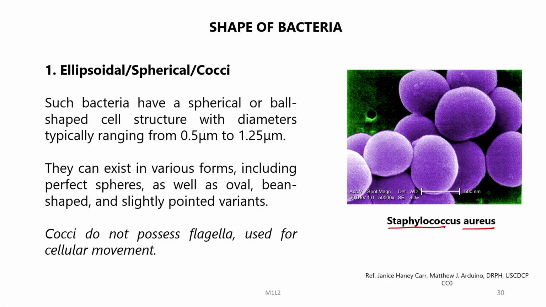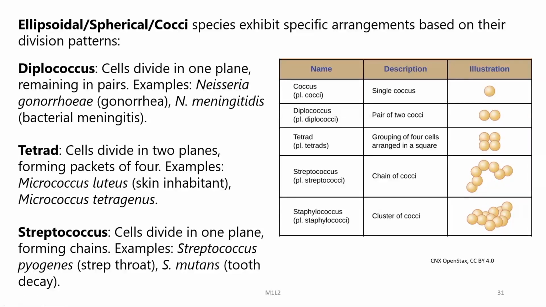So these ellipsoidal bacteria have a spherical or ball shaped cell structure with diameters ranging from around 0.5 micron to 1.25 micron. They exist in various forms including perfect spheres as well as oval, or they may be bean shaped and they may be slightly pointed variations. These cocci do not possess any flagella for cellular movement.